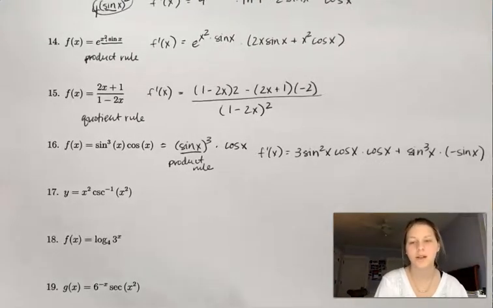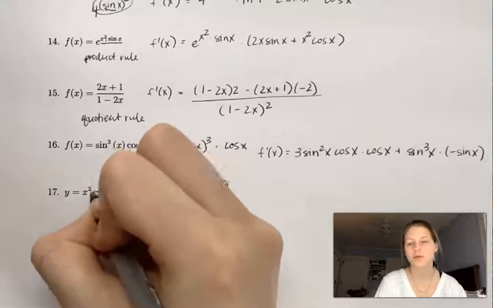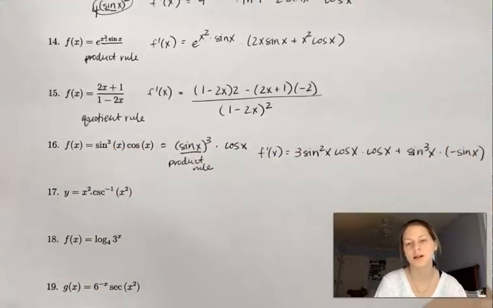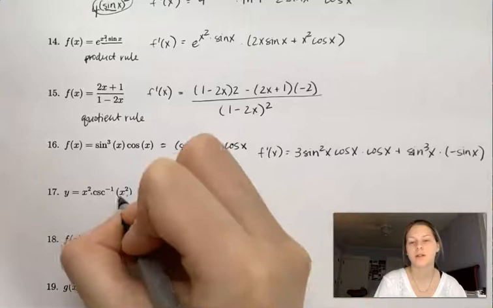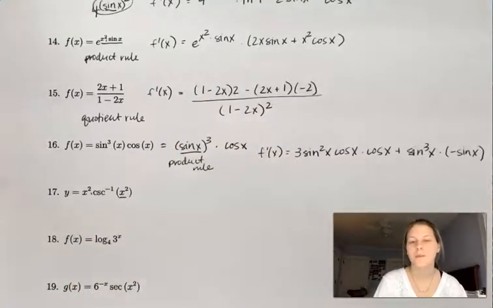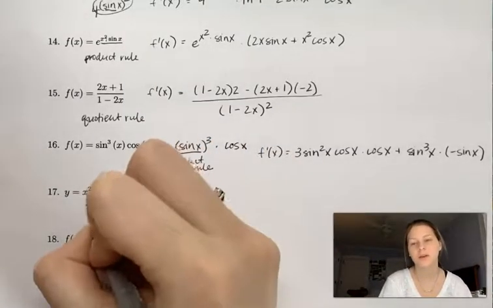For number 17, we have a product rule question, because we have x squared times the inverse of cosecant x squared. And we also have chain rule because we have x squared as our inside function.